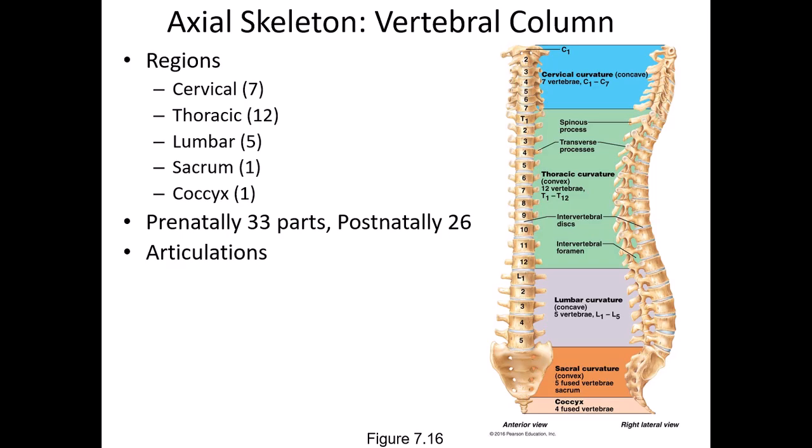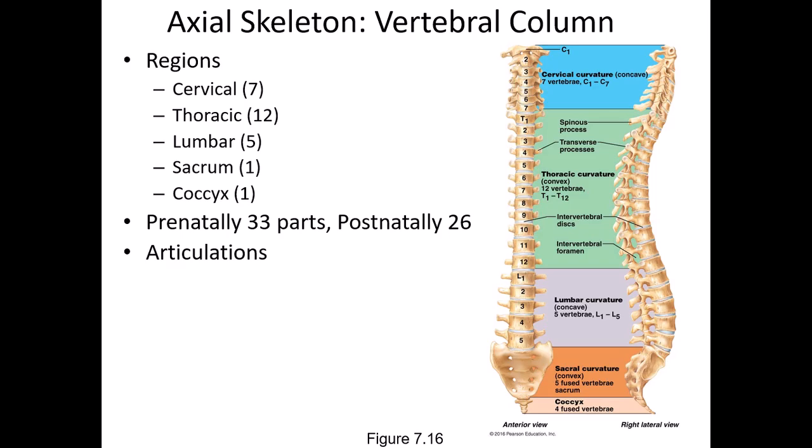Okay, the articulations of the vertebral column include the fact that all vertebrae articulate to other vertebrae, at least on one side, if not both superiorly and inferiorly. And they do these through the superior and inferior articular facets that we looked at in lab. We'll talk a little bit more about those.